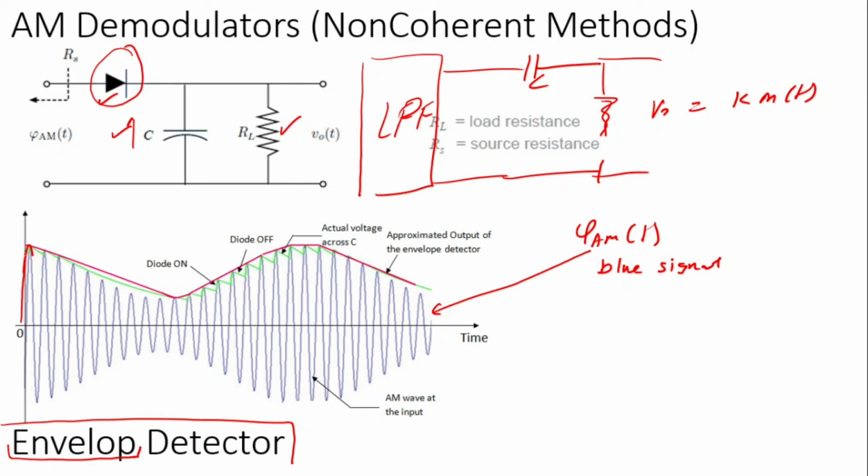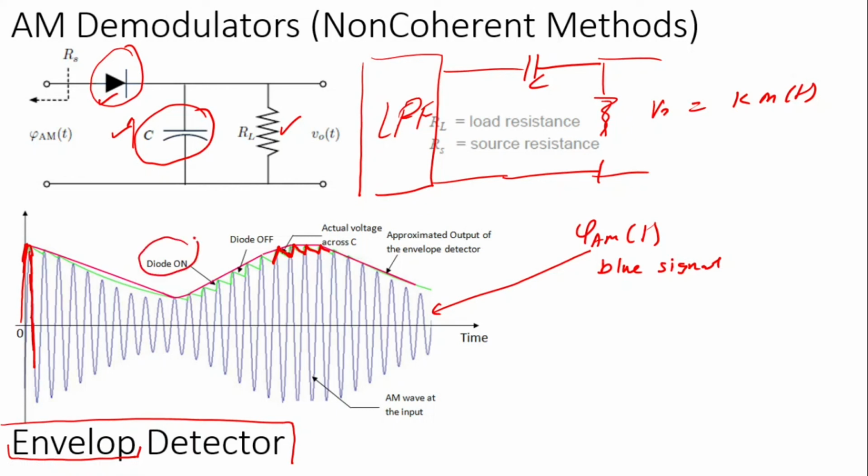So the capacitor would charge. But when we are going downward over here, the diode would be reverse biased and the capacitor would discharge across this resistor. So we would have the charging and then discharging of the capacitor continuously going on, right?